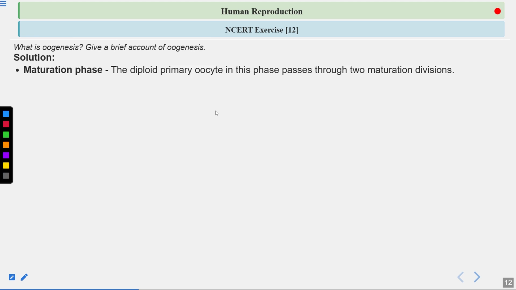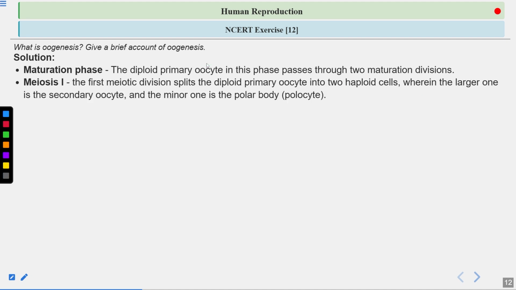Then in the maturation phase, what is happening? This diploid primary oocyte passes through 2 maturation divisions, means 2 meiotic divisions. This primary oocyte was arrested in prophase 1 of meiosis 1 till puberty. After puberty, the primary oocyte divides.